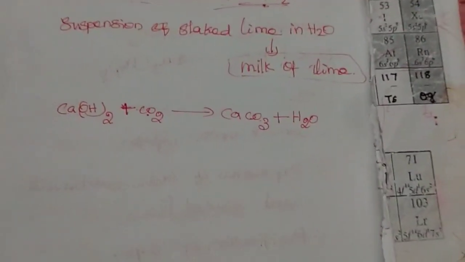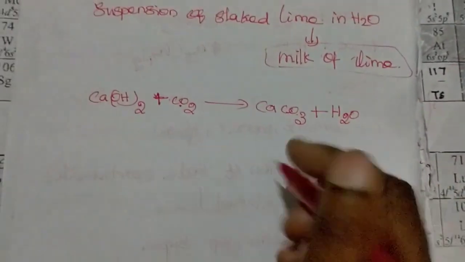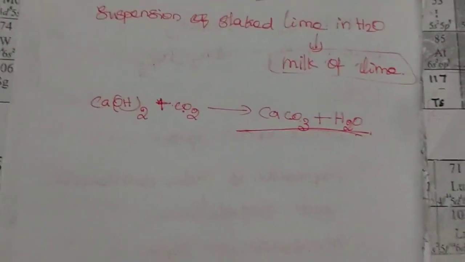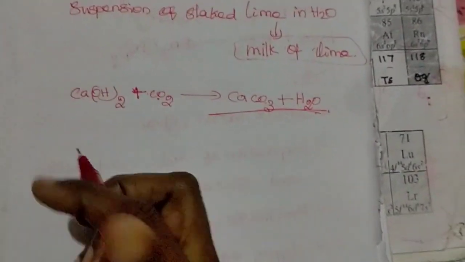In continuation of this reaction, passing some more carbon dioxide to that solution, the precipitate dissolves and forms calcium hydrogen carbonate.